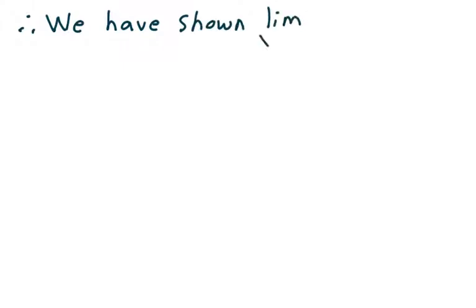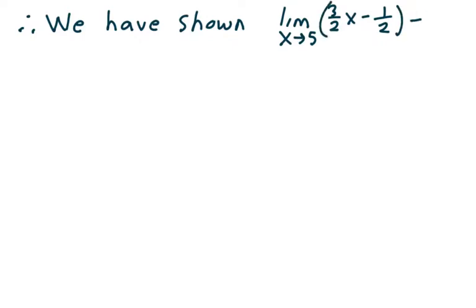And so we have shown the limit as x goes to 5 of 3 halves x minus a half. I don't need absolute values here. So the limit as x goes to 5 of 3 halves x minus a half is indeed 7.